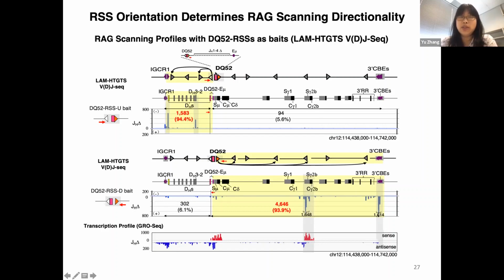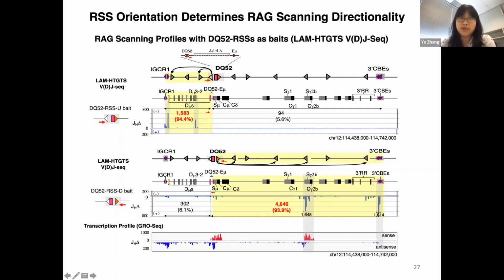Because DQ52 is flanked by RSS on both sides, we baited from either the upstream RSS or the downstream RSS to look for RAG scanning activity. Interestingly, the upstream RSS only initiates RAG scanning in the upstream region, and is arrested at IGCR1, which is a CBE-based regulator.